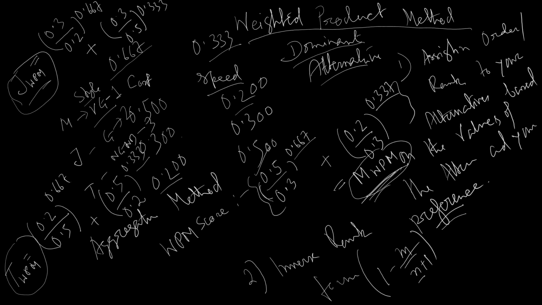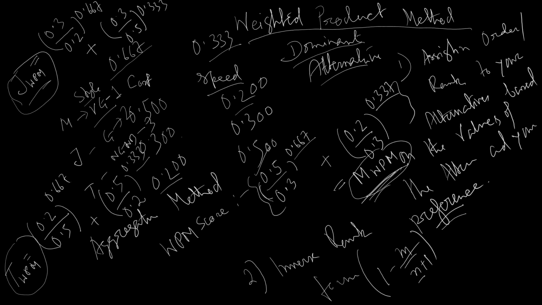After assigning the rank, you do the same thing as you have done for the other criteria, that is, apply the inverse rank formula. Then for the aggregation, for WSM, just multiply with the weightage of the criteria and add to find the WSM score.